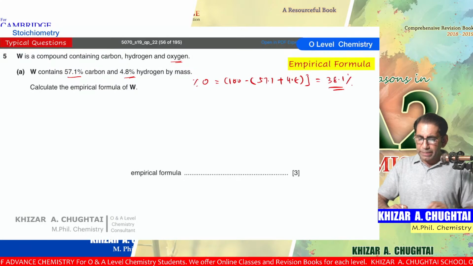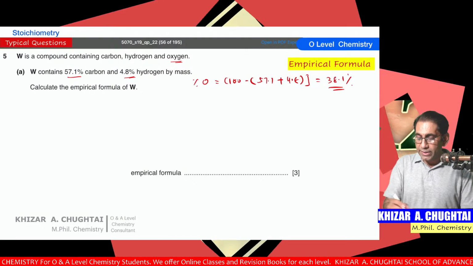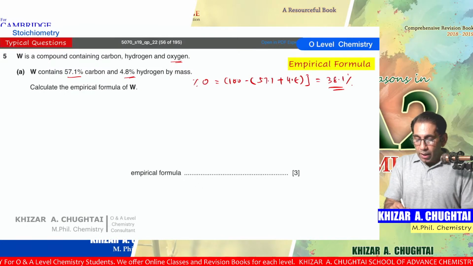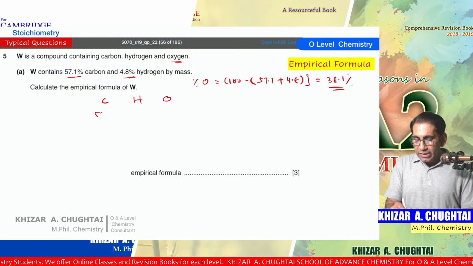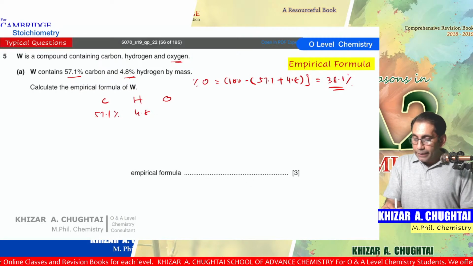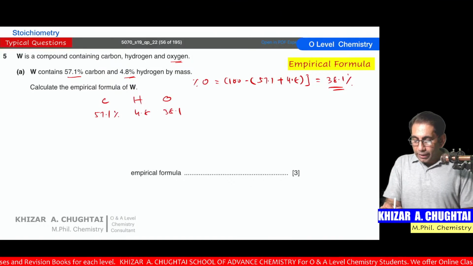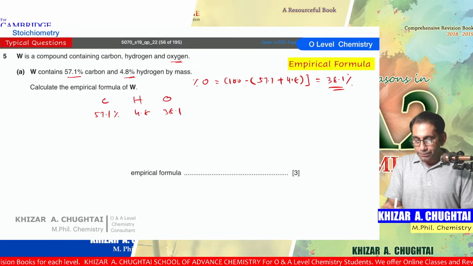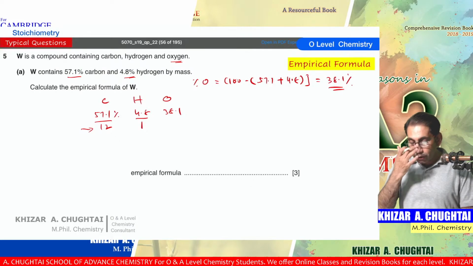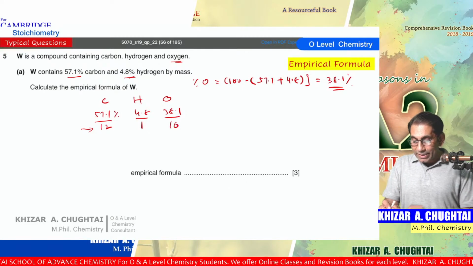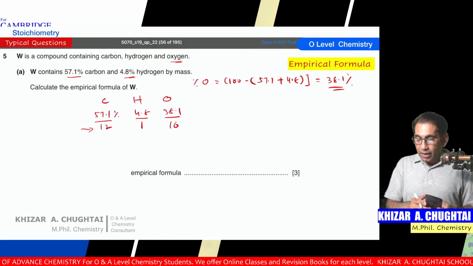Now the simplest mechanism is over here to find the answer of empirical formula. Carbon, hydrogen, oxygen: 57.1 percentage, 4.8 percentage, 38.1 percentage. Now divided by 12, that is the Ar of carbon, divided by 1, it's the Ar of hydrogen, divided by 16, that is the Ar of oxygen.